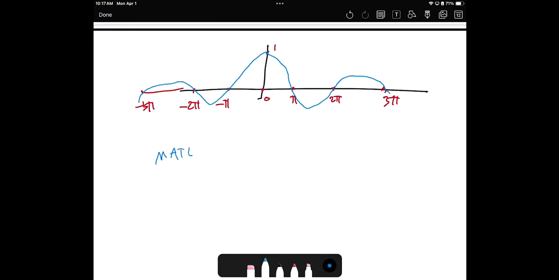Again, in MATLAB, they are using the normalized, which is whenever we say sinc of x, this means sine pi x divided by pi x. Now, how about if I want to use the unnormalized?